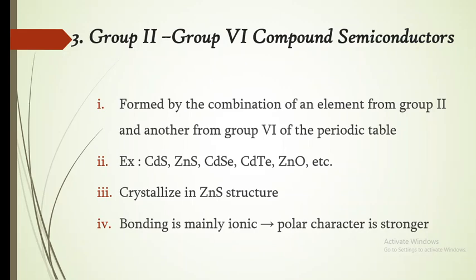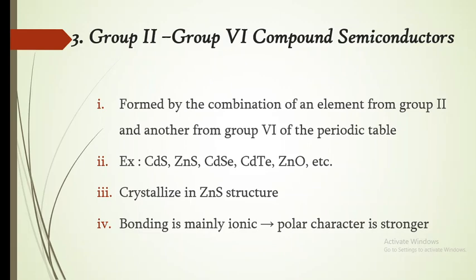Group 6 means 6 valence electrons. So in order to form an octet structure, the bonds are formed in such a way that 2 electrons from the group 2 element and 6 electrons from the group 6 element are involved in formation of the bond.